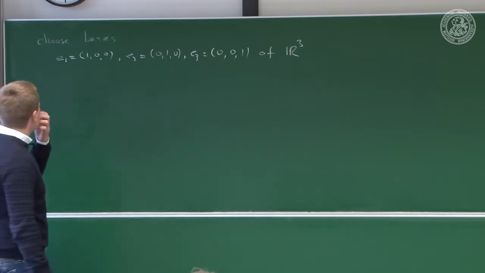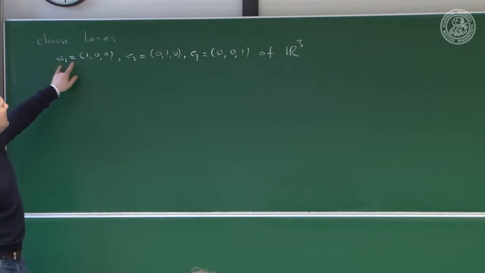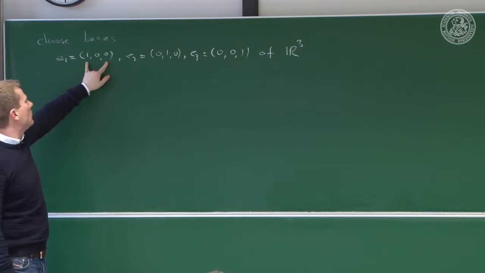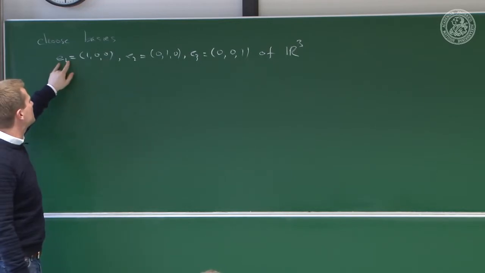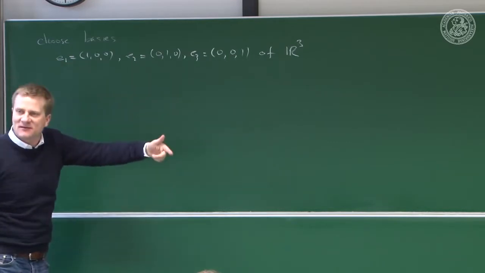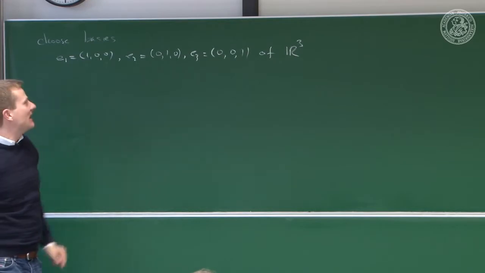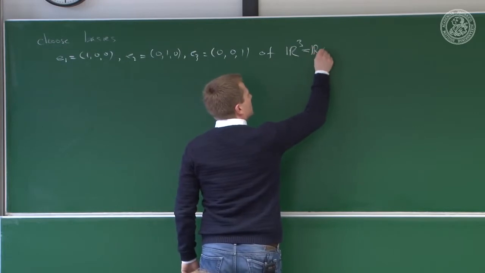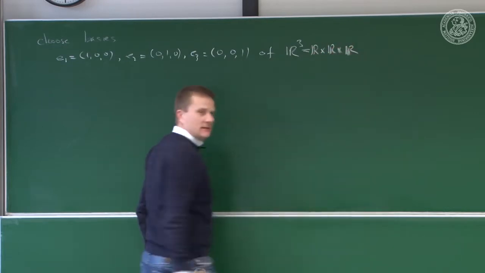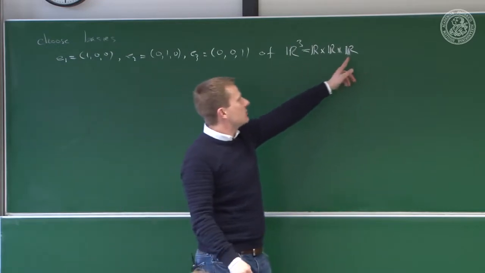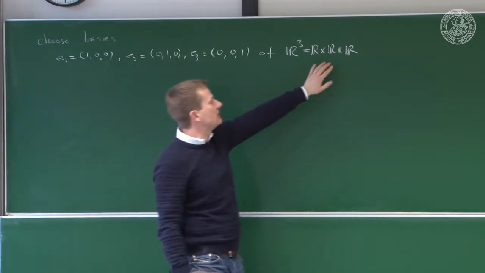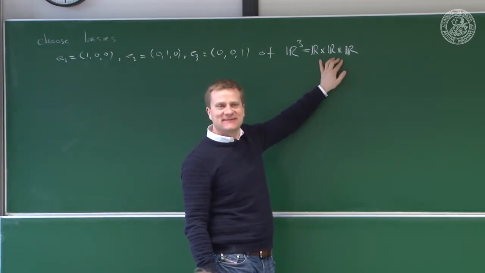Sometimes people are confused because they say, hang on, you provide a vector in terms of its components, but isn't the whole point of a basis to introduce a basis per se without already using components with respect to another basis? You know what I mean? But it's not like that. R3 is R cross R cross R. Agreed? So this is the space of 3-tuples. So this is an honest element of here without having chosen a basis.